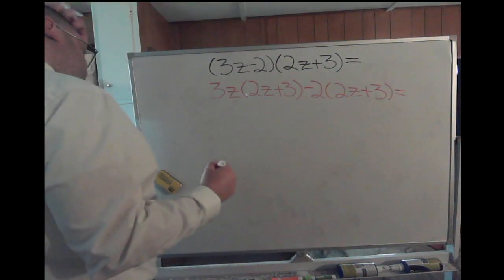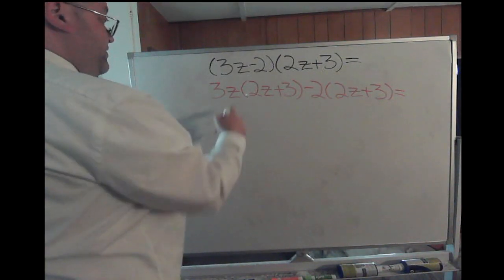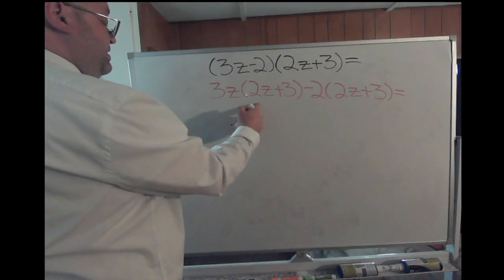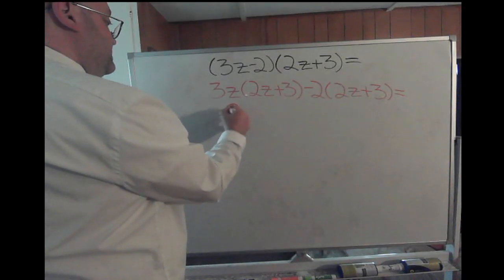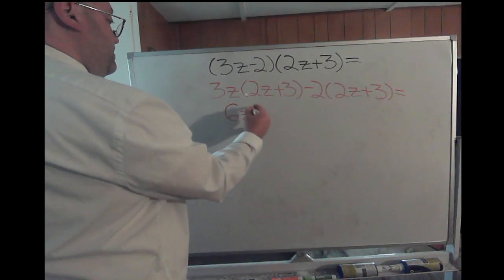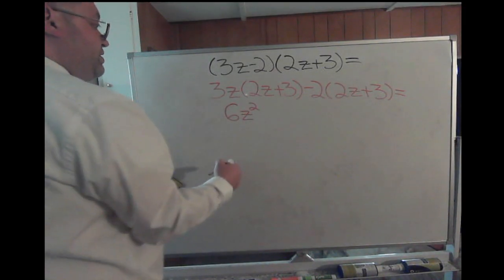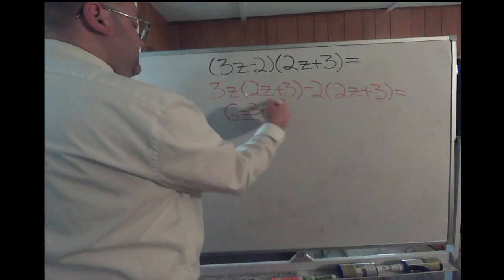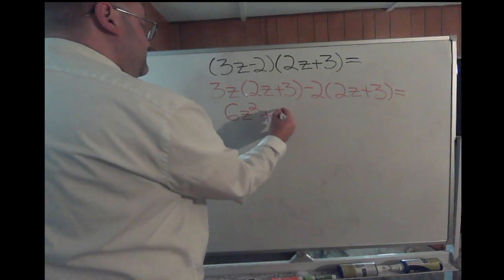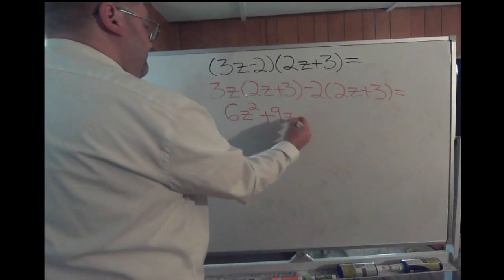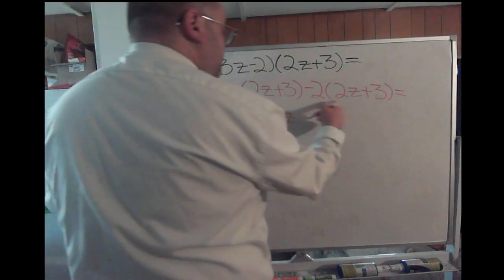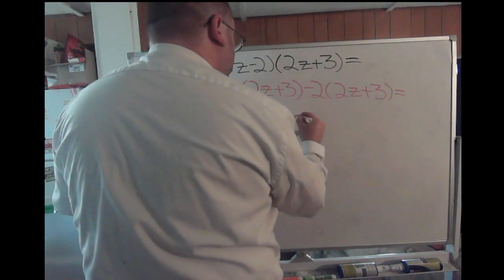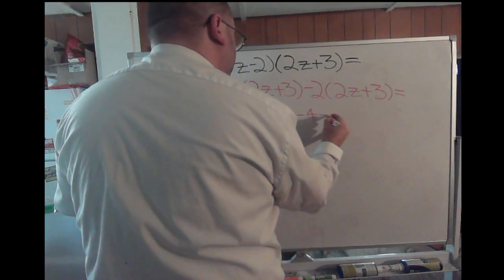Well, now we do the distributive property on each term. You have 3z times 2z. 3 times 2 is 6. Z times z is z squared. So you'll get 6z squared. Now you have 3z times 3. That'd be plus 9z. Then you have minus 2 times 2z. That'd be minus 4z.